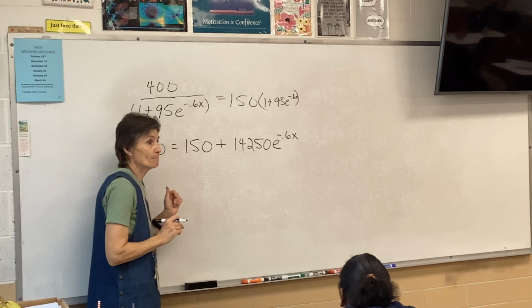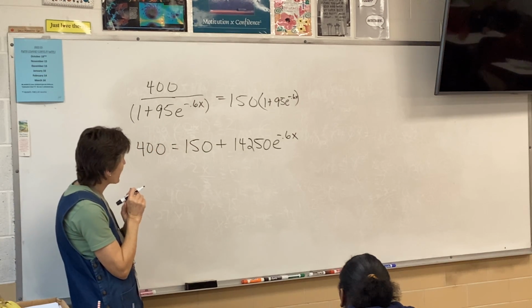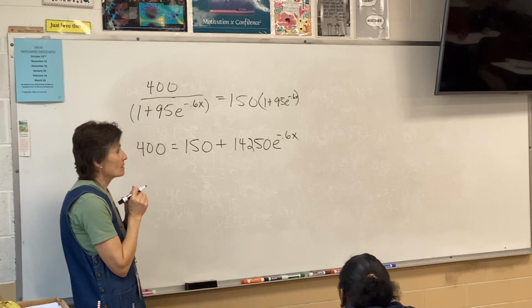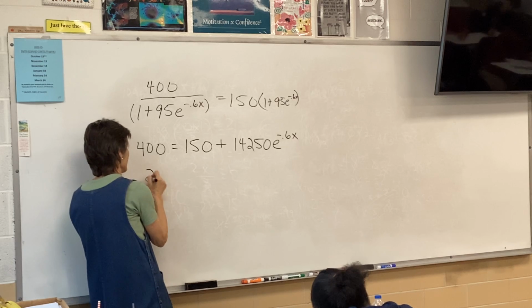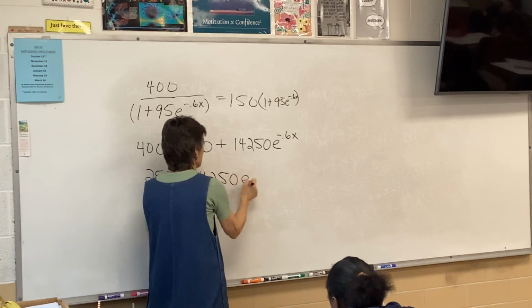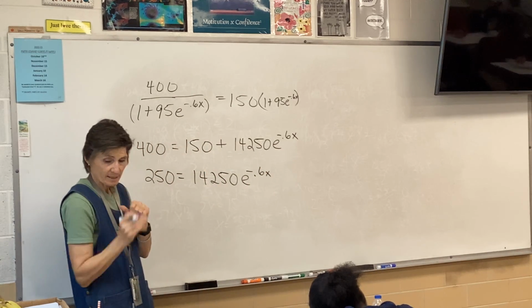Everybody okay so far? All right, so take a look at where we are now. What makes sense to do now? Subtract 150, so 250 equals 14250 e to the negative 0.6x. Okay, make sure you're with us to this point.